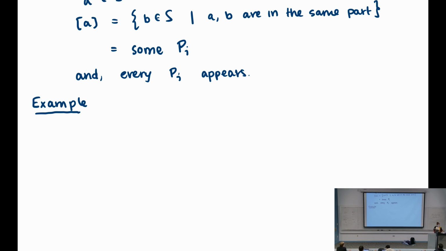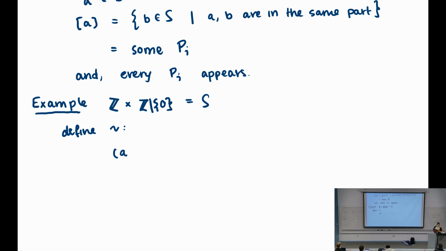So let's briefly talk about that. Let's look at the integers crossed with the integers, and I have to take away 0 because the second coordinate is going to be our set of denominators, sort of. And I'll define an equivalence relation in the following way. This is going to be our set S.